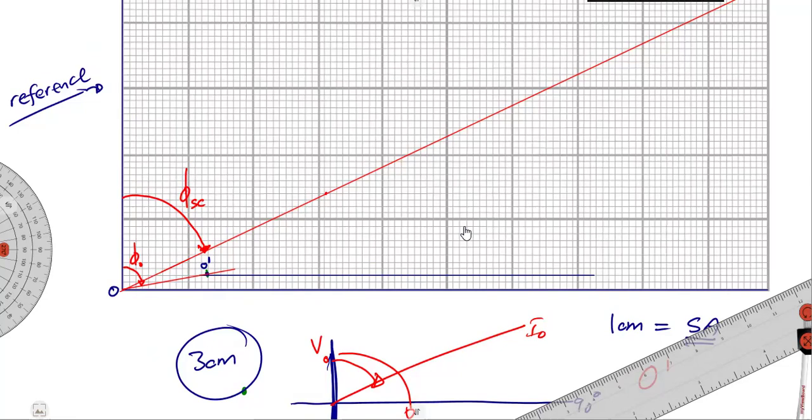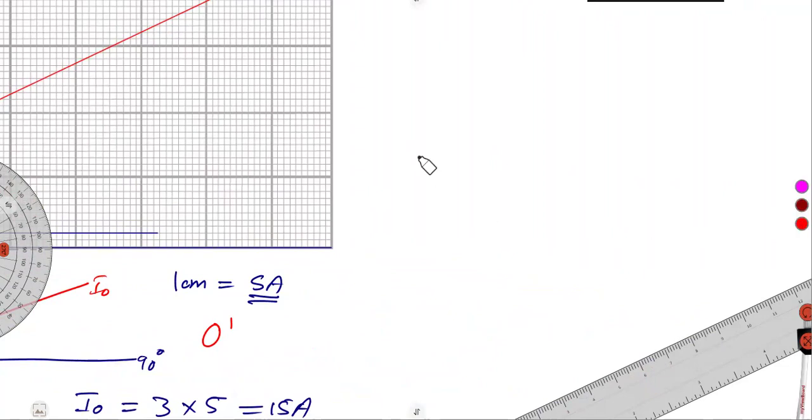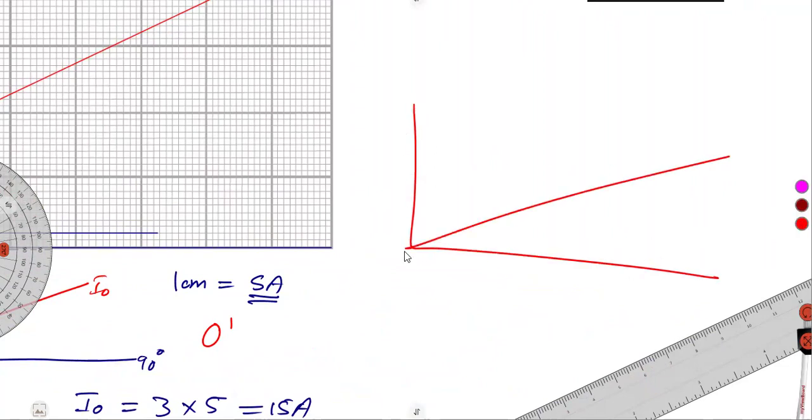So with your short circuit, along that angle, along this line, that is where we are going to have our short circuit current at normal conditions. The phase angle is always between voltage and current.